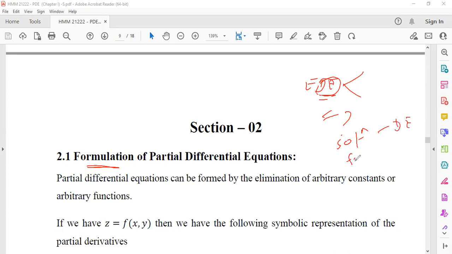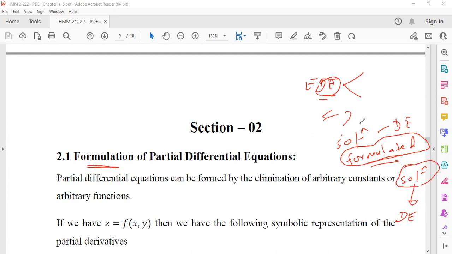I'm asking how you formulated it. What I mean is, given a solution to a differential equation, how do we get the equation? For example, if I give u equal to a e to the power minus x plus b e to the power x, how can we formulate our actual differential equation?